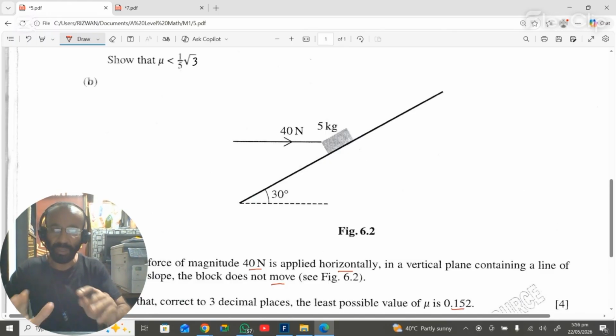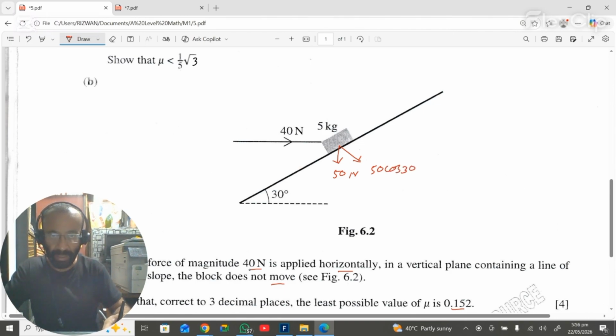First, resolving all the forces on this system along and perpendicular to the inclined plane. So here will be the weight, that will be the direction of the weight acting. Here will be the component 50 cos theta, or cos 30.